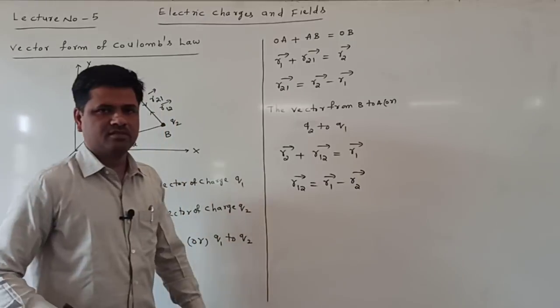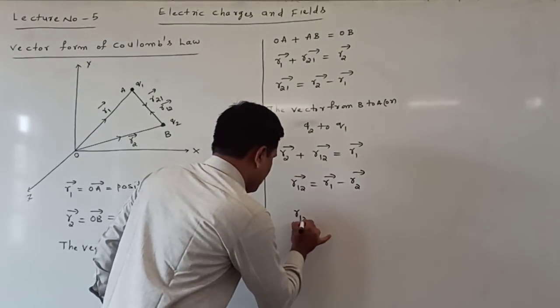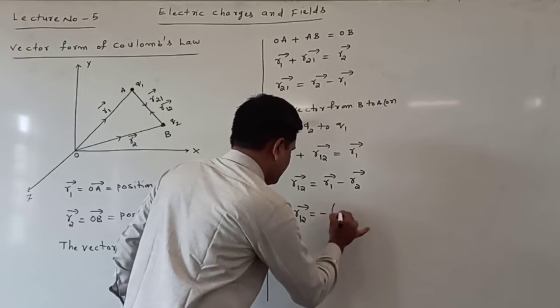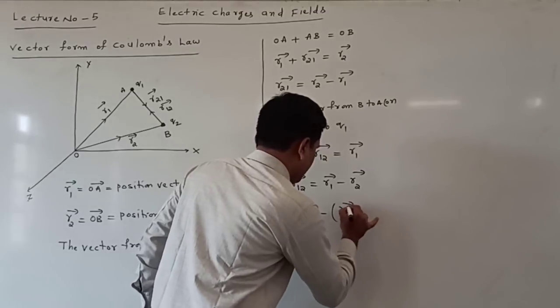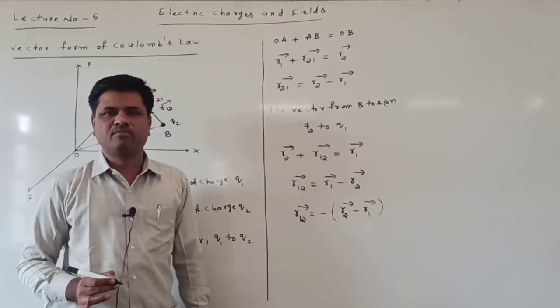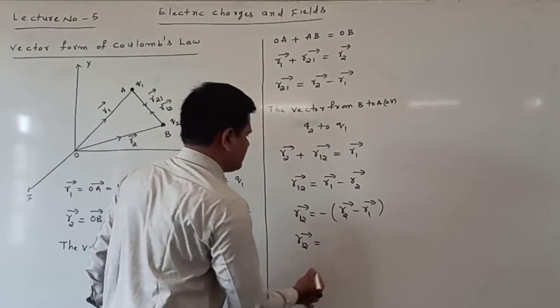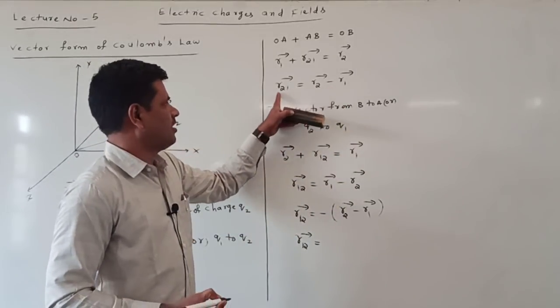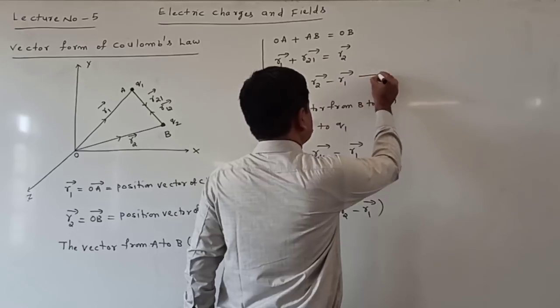Now taking the minus common, R12 bar is equal to minus of R2 bar minus R1 bar. R2 bar minus R1 bar is equal to R21 bar. This is given as equation number 1.